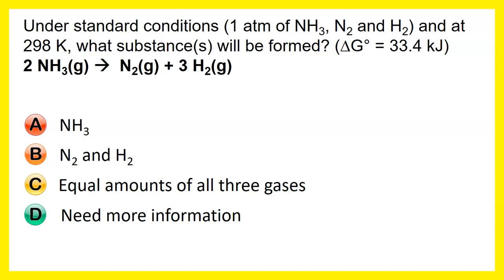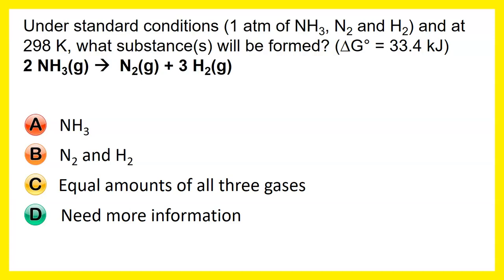All you're supposed to do is think about the algebraic sign on your delta G. So if you notice, that is a positive value. That means for the way the reaction is written, going in the forward direction is not thermodynamically favorable. We are not going to make our products.